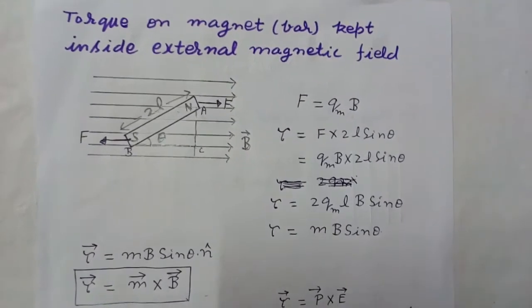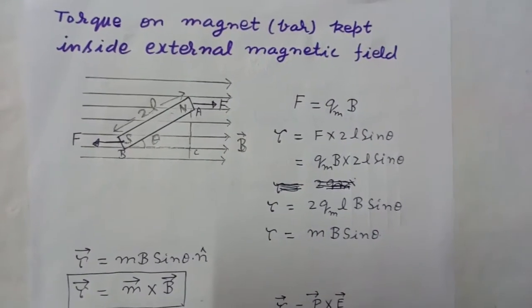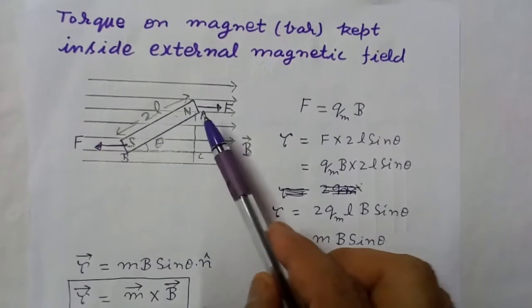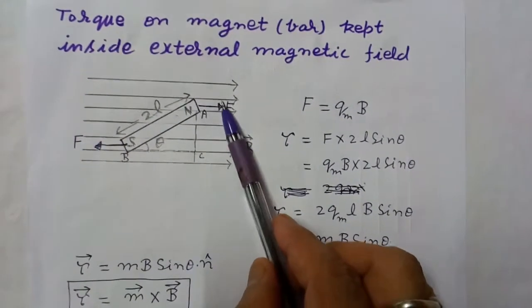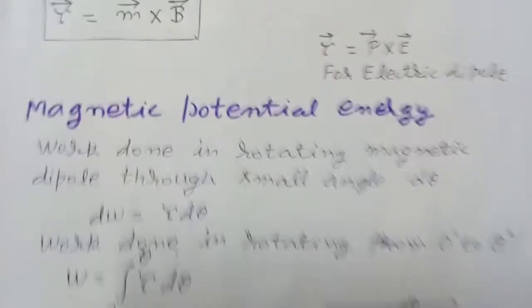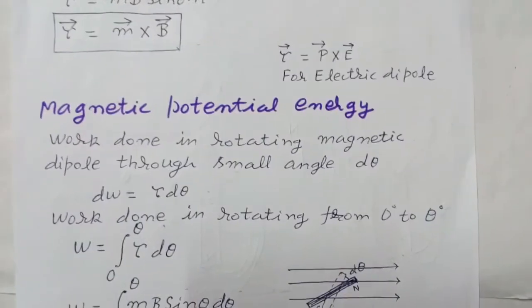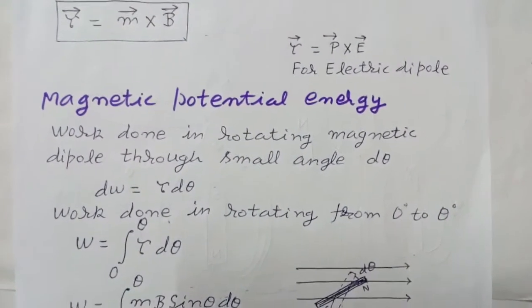in the magnetic field B against this torque, means in anti-clockwise direction. So work done in rotating a magnetic dipole through a small angle d theta.